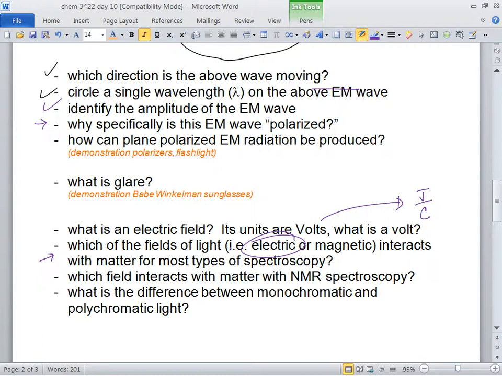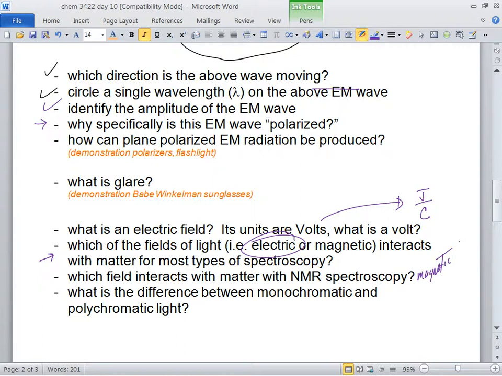Which field interacts with matter with NMR spectroscopy? Magnetic, because most everything else is electric. So, magnetic. And we'll talk about that when we get there.